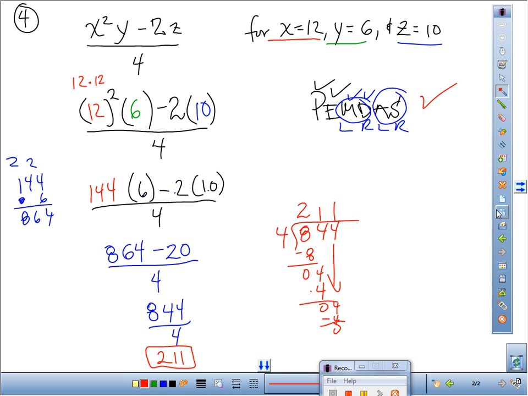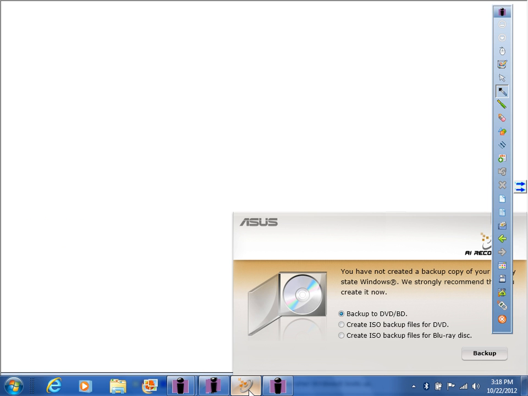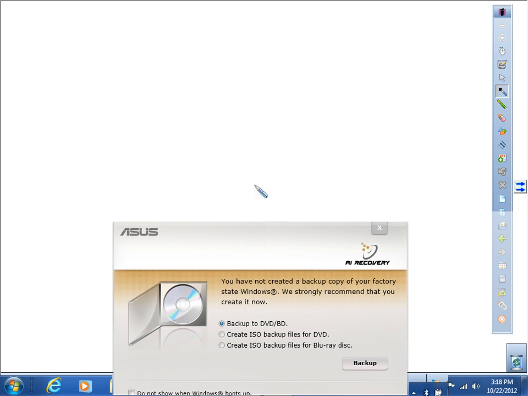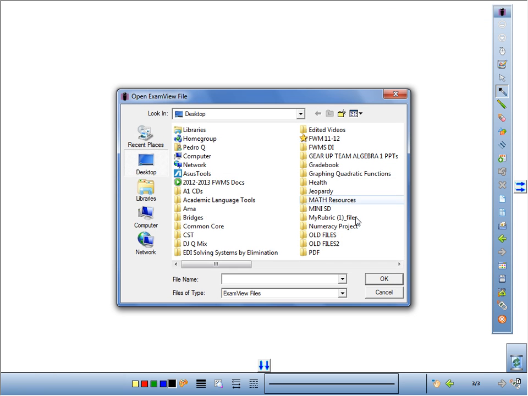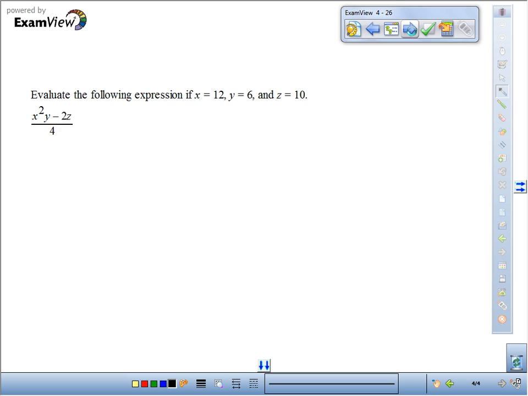Number 5. Okay, here it is. Number 5. 2/5 z plus 8 equals 2 plus 5/6 z.